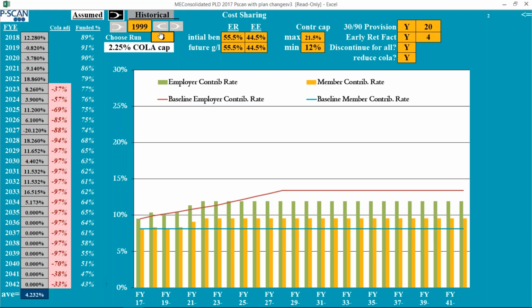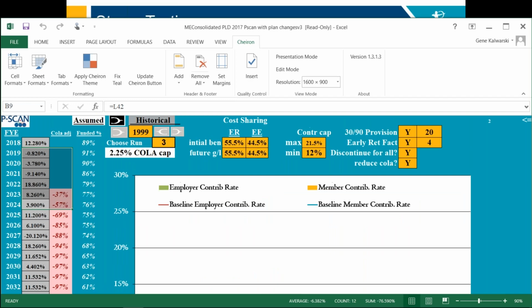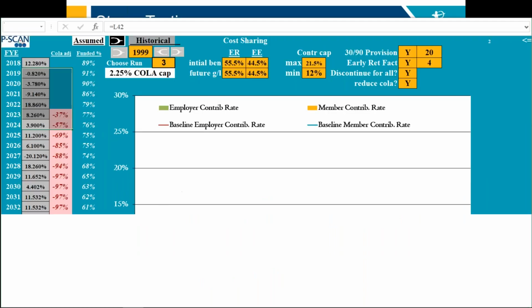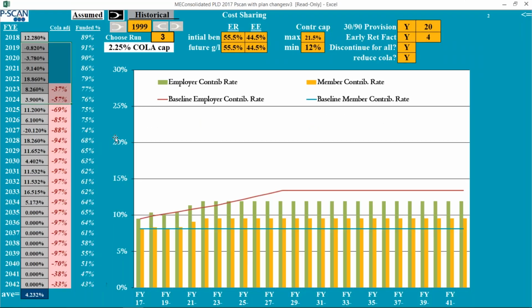Okay, so let me try to answer by looking at the stress testing tool that I have up on the screen. Here, this afternoon, we spent most of our time stress testing the investment return on the left-hand side, but there are other things up here, like we could have stress tested the cost-sharing arrangement between the employer and the employee.